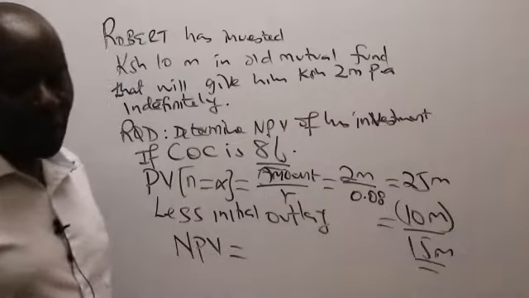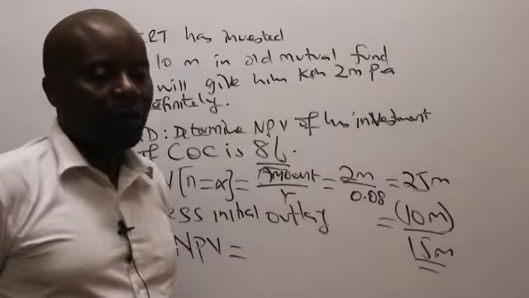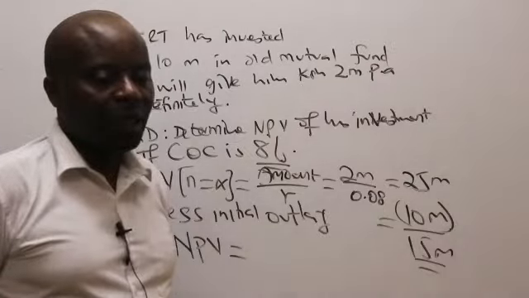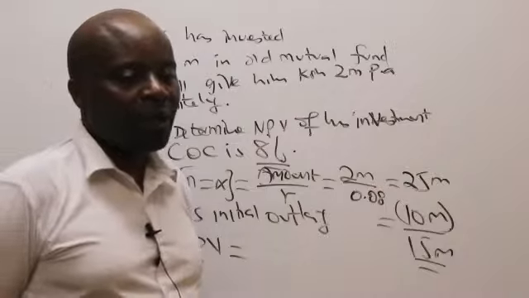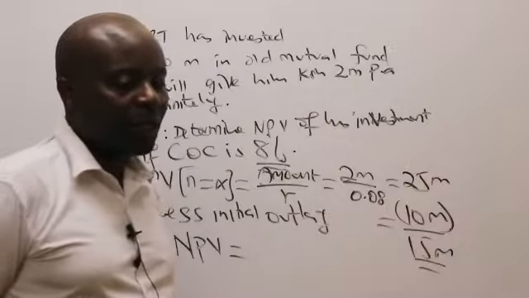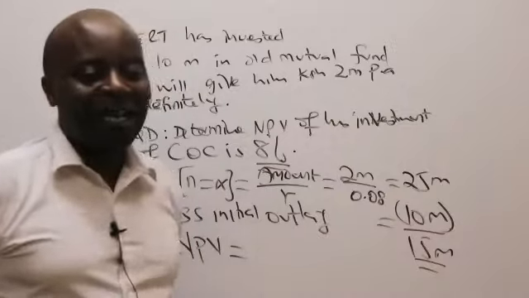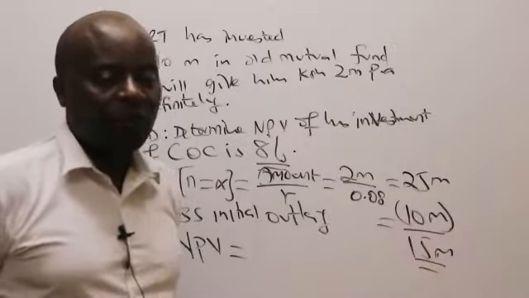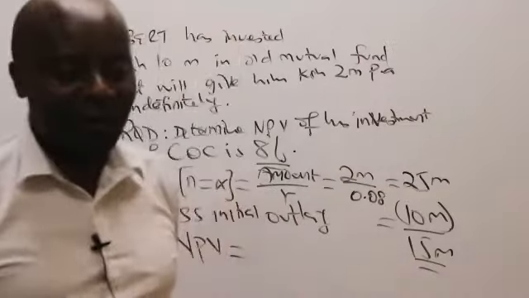This net present value is positive. And the only thing my students forgot to advise is that the project is viable. So NPV equals 15 million, and the project is viable.